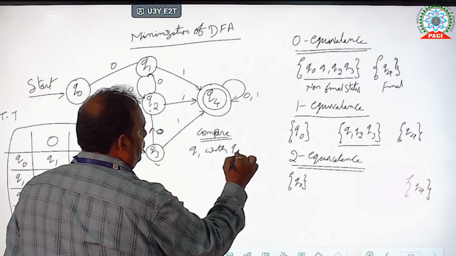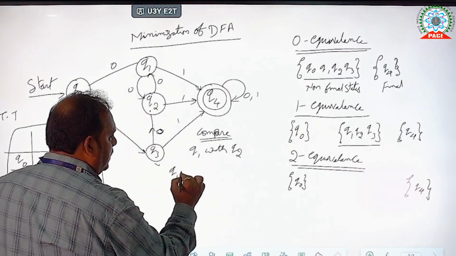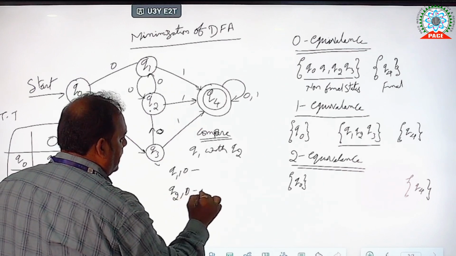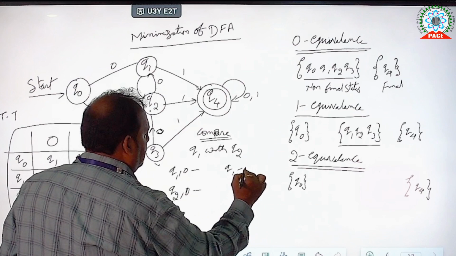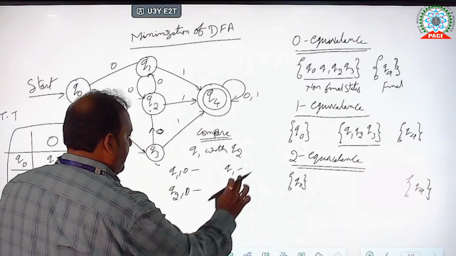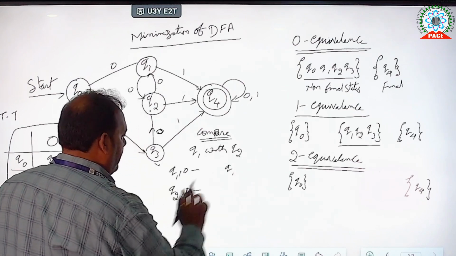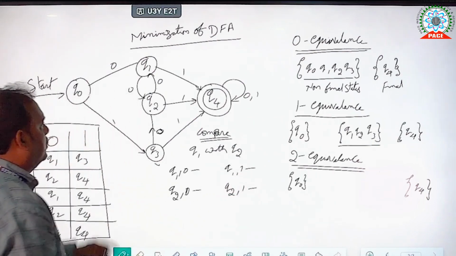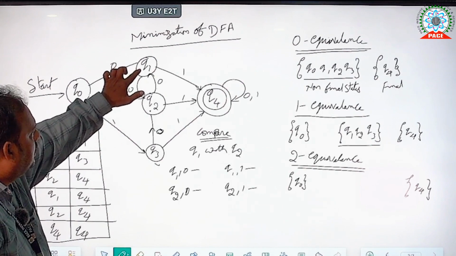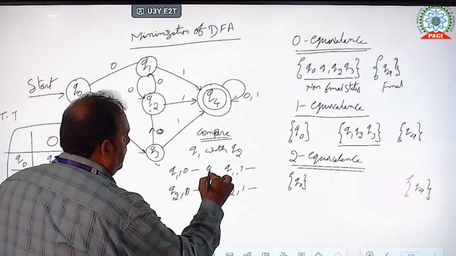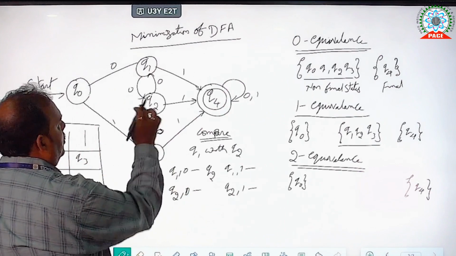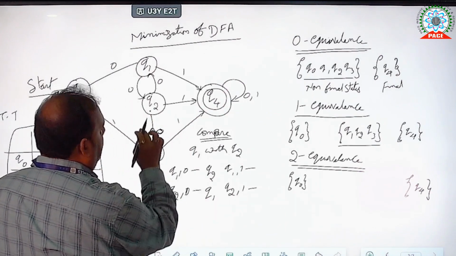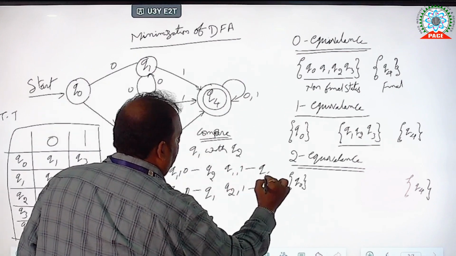Q1 with a 0 transition reaches the Q2 state, and Q2 with a 0 transition reaches the Q1 state. Q1 with a 1 transition reaches the Q4 state, and Q2 with a 1 transition also reaches the Q4 state.